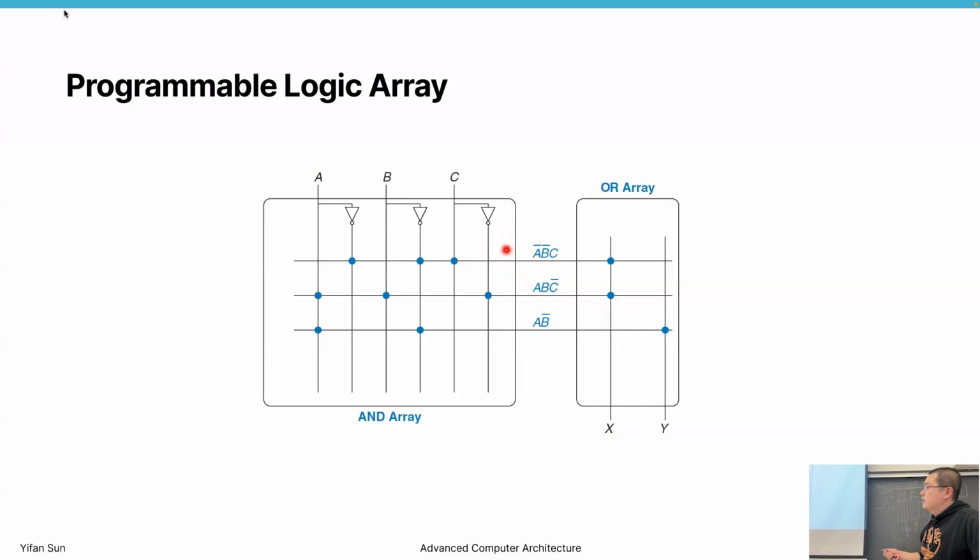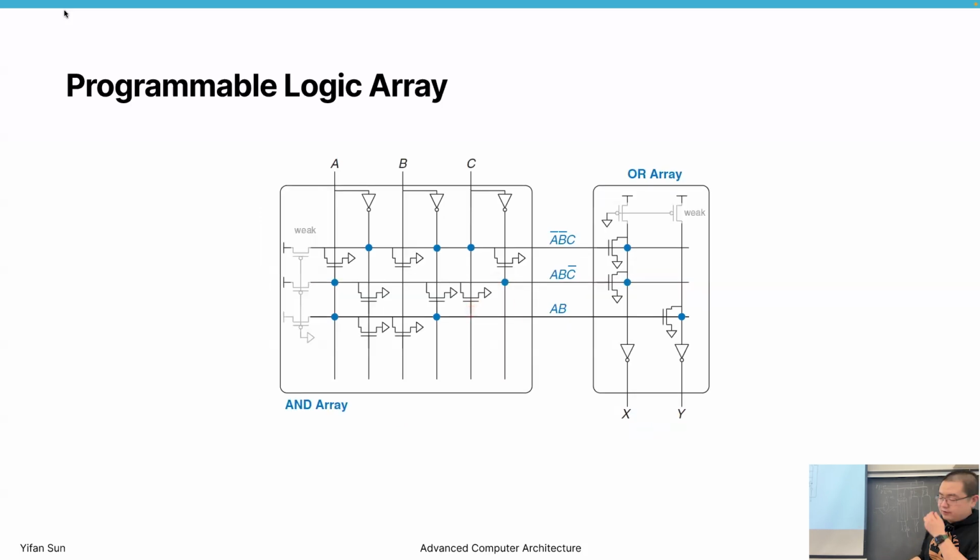So this represents A prime, B prime, C. Then A prime, B, C prime, and A, B, and X is the OR of the three min terms, and Y is AB prime itself. By using this type of design, we can basically implement any type of logic. And how it can be implemented with a circuit is in this way.